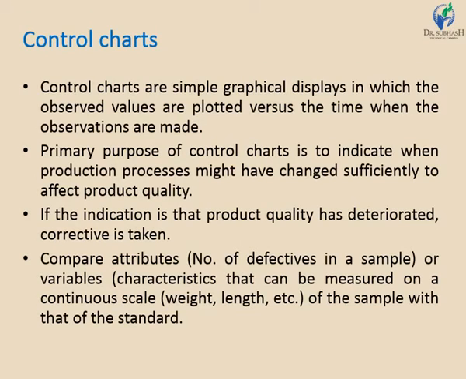Compare attributes or variables of the sample with those of the standard. So what are attributes and what are variables? One must have a clear idea of attributes and variables. Attributes measure the defective samples, or identify the number of defective samples within the lot.